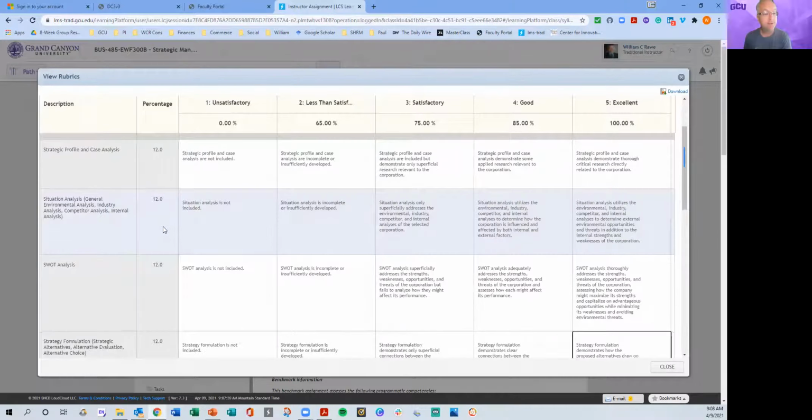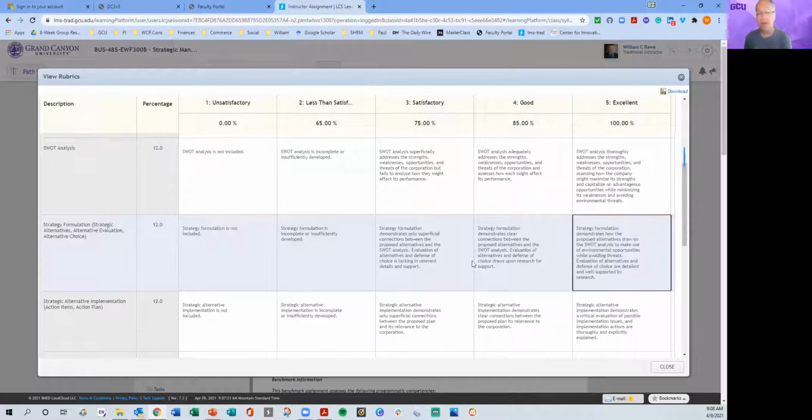And each one of these is worth 12% of the grade on this paper. So SWOT analysis. For your SWOT analysis, I want you to thoroughly address the strengths, weaknesses, opportunities, and threats of the corporation.